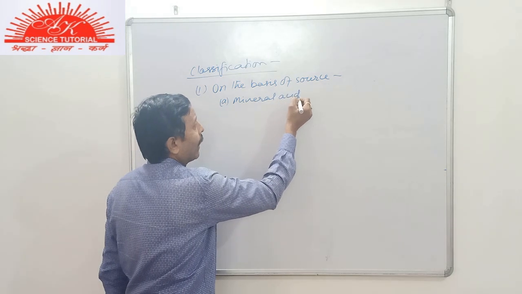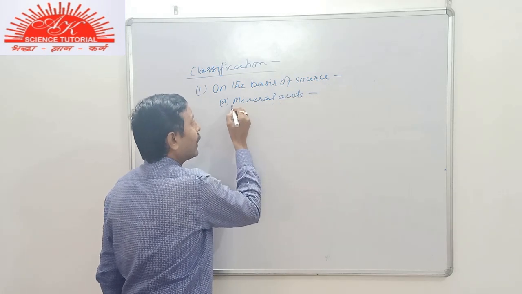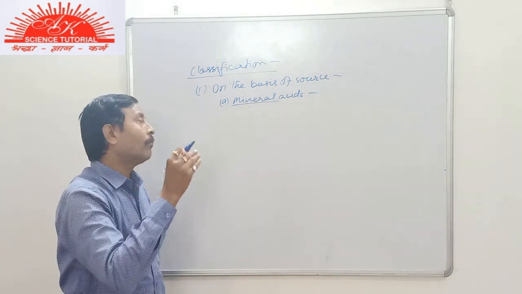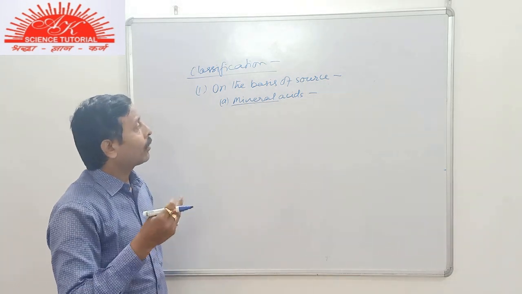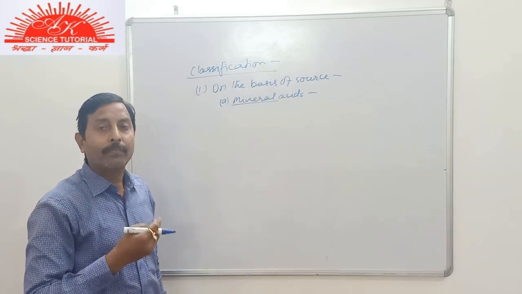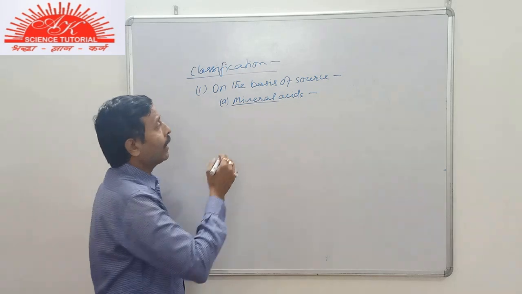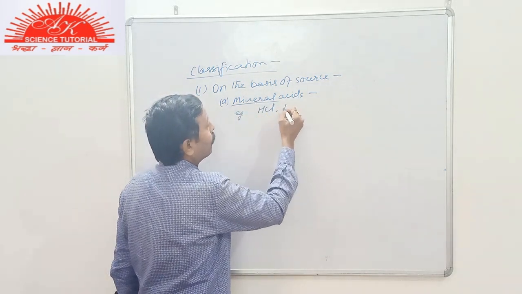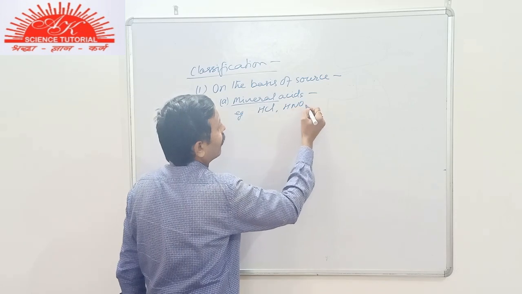Mineral acid, as the name suggests, is obtained from minerals, that is the salts. Like from chloride salts we can have hydrogen chloride, from nitrate salts we have nitric acid, from sulfate salts sulfuric acid. So this type of acids are called mineral acids.